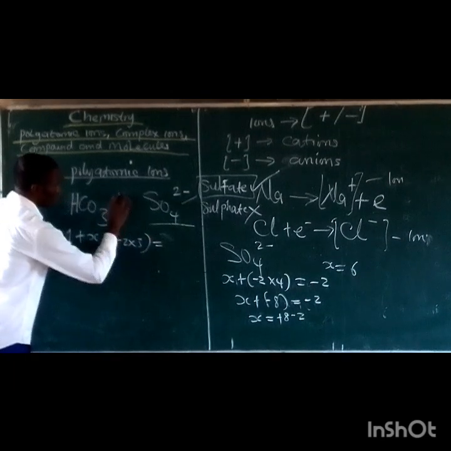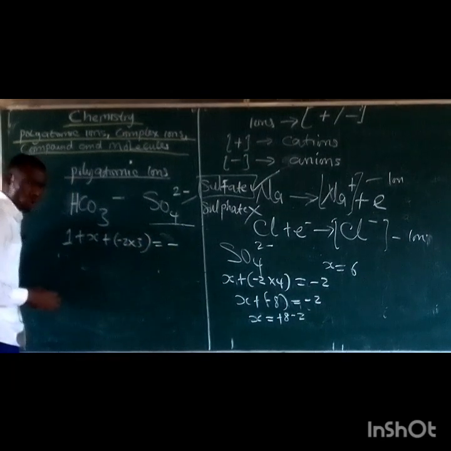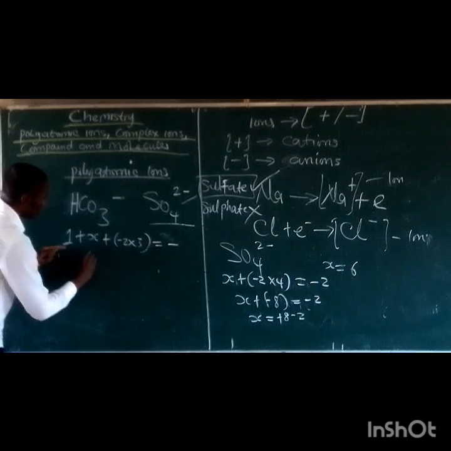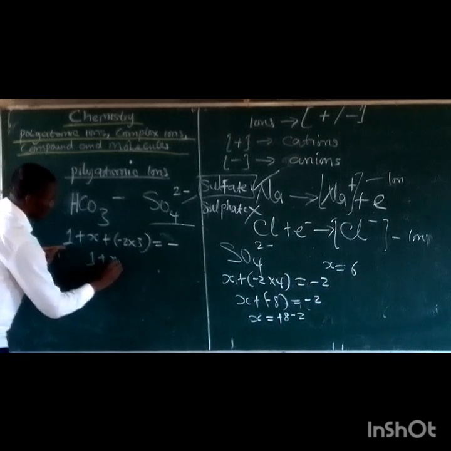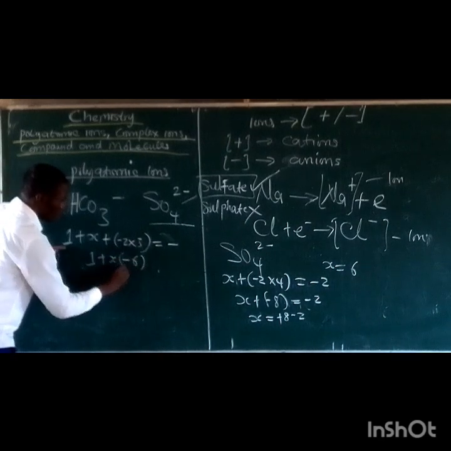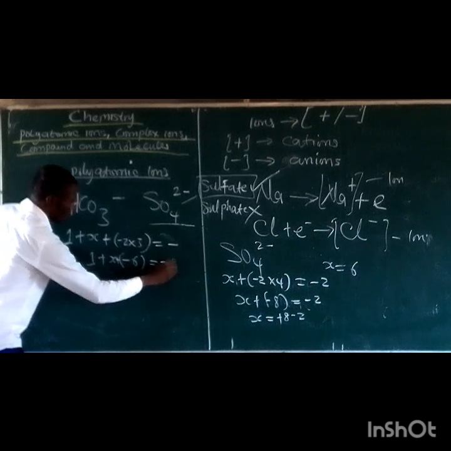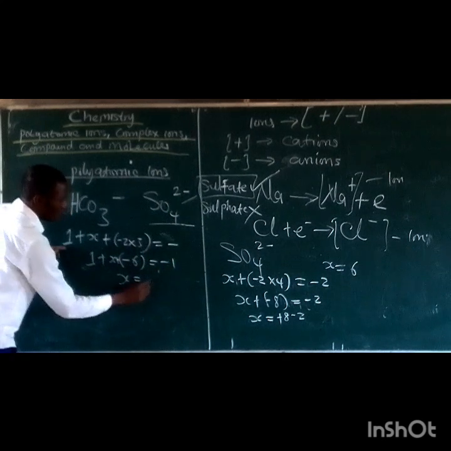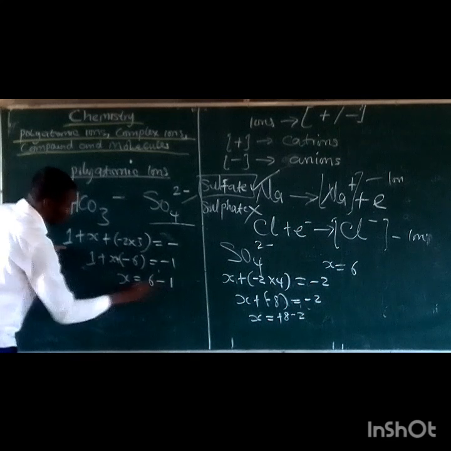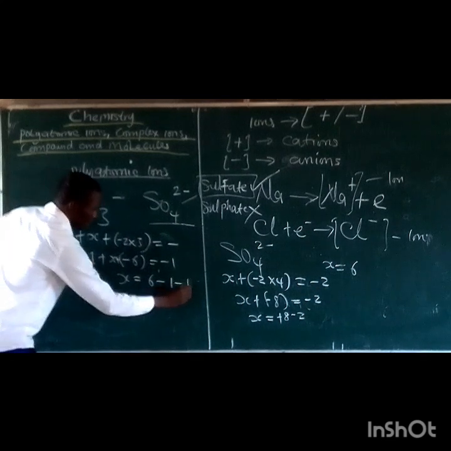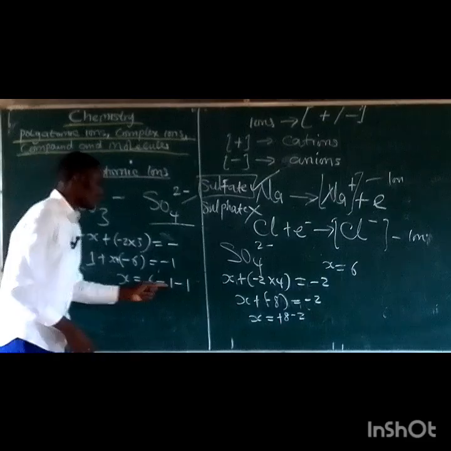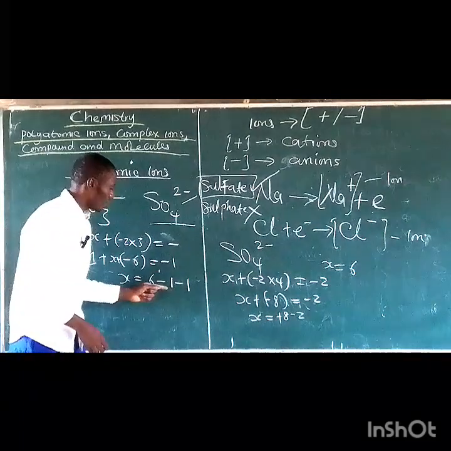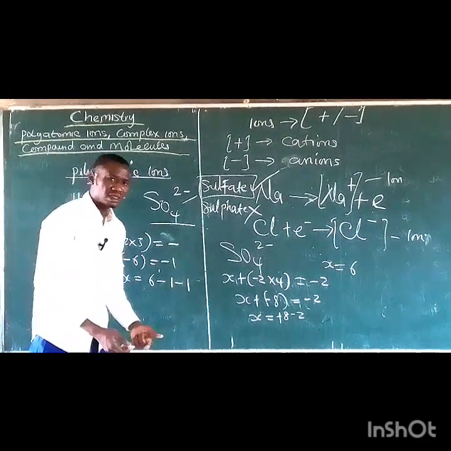Everything is equal to the charge here, -1. If you do the math, this becomes 1 plus X minus 6, and it's equal to -1. Then X is equal to, moving 6 to the other side, +6 minus 1, and moving 1 to the other side, -1. So 6 minus 1 is 5, 5 minus 1 is 4.